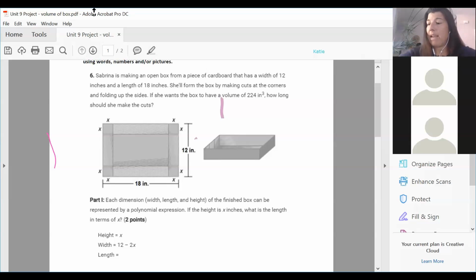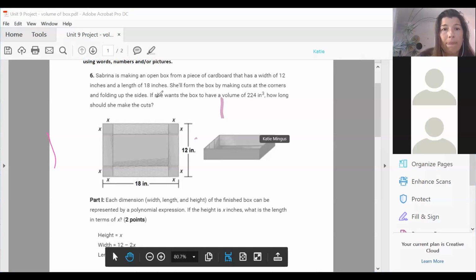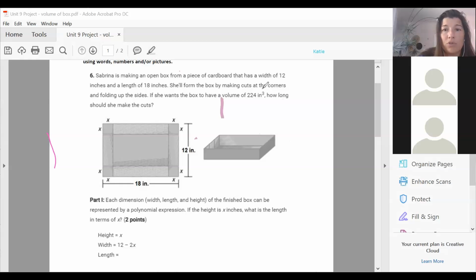All right, and we want to make a box that has a volume of 224 cubic inches. You guys are welcome to draw on here. So volume of 224, that's very important. The cardboard has a width of 12 and a length of 18.